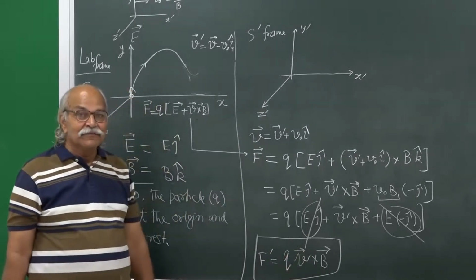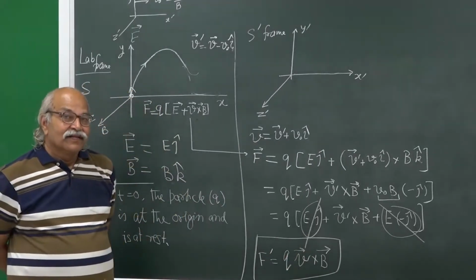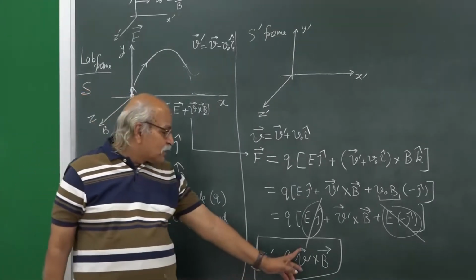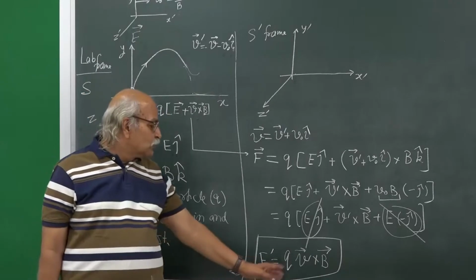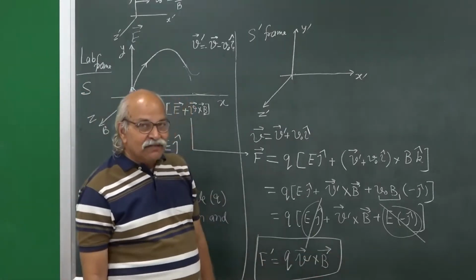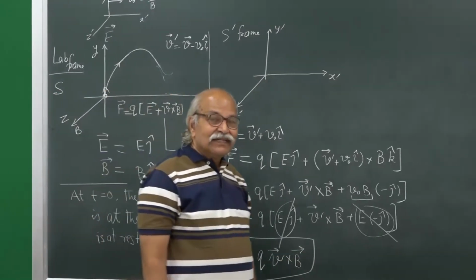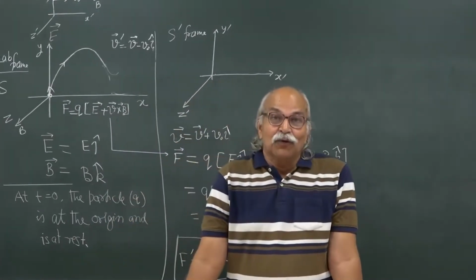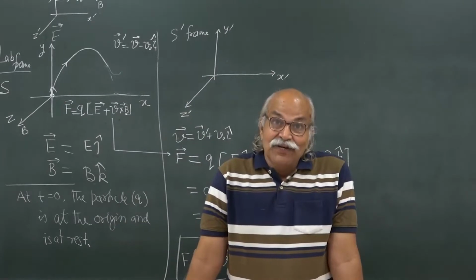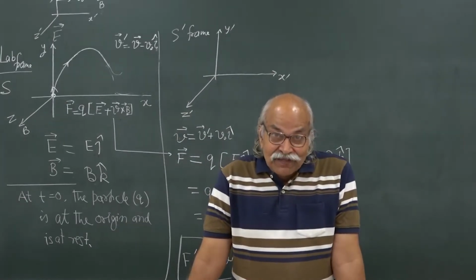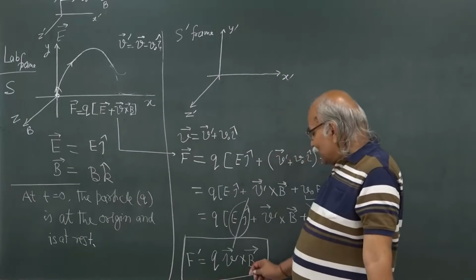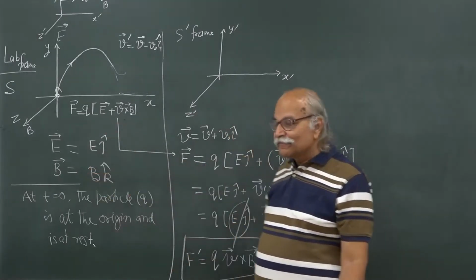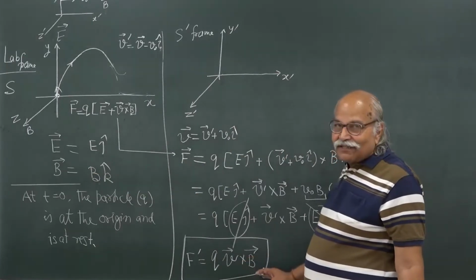What does it tell? You have a charged particle, you have a velocity, and the force is Q times velocity times magnetic field B. It means in this frame the electric field is 0. There is no electric field in this frame, only magnetic field B, same magnitude, same direction.